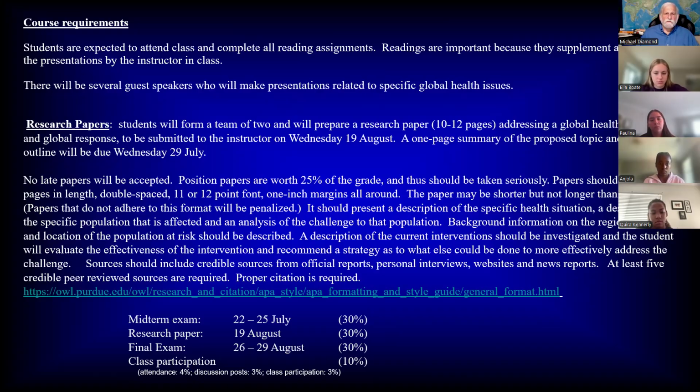The point of the research paper is for you to identify a health issue that's of interest to you. And secondly, to look at some kind of intervention. It could be a public sector organization like WHO or UNICEF or the Centers for Disease Control, or you can take the private sector.